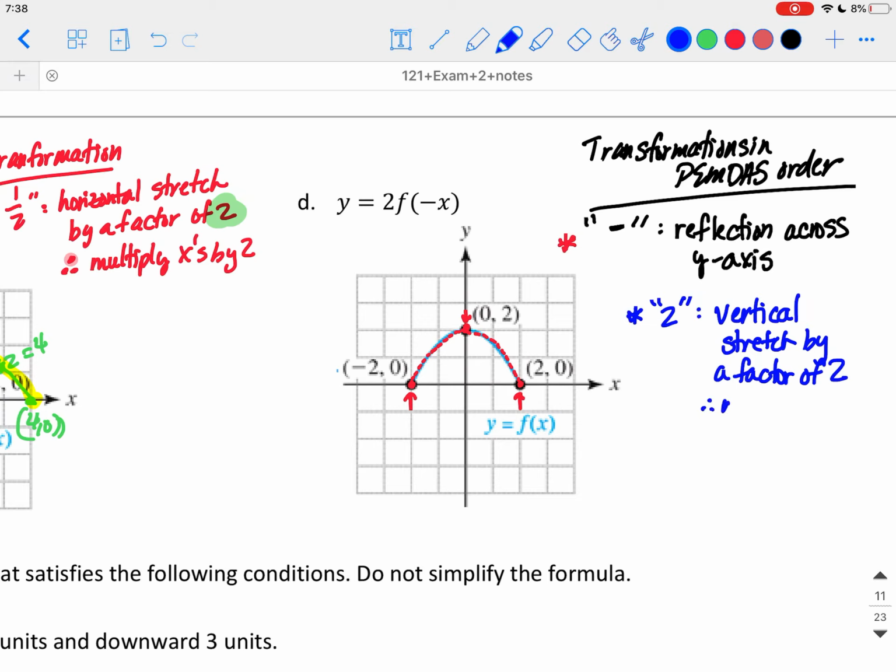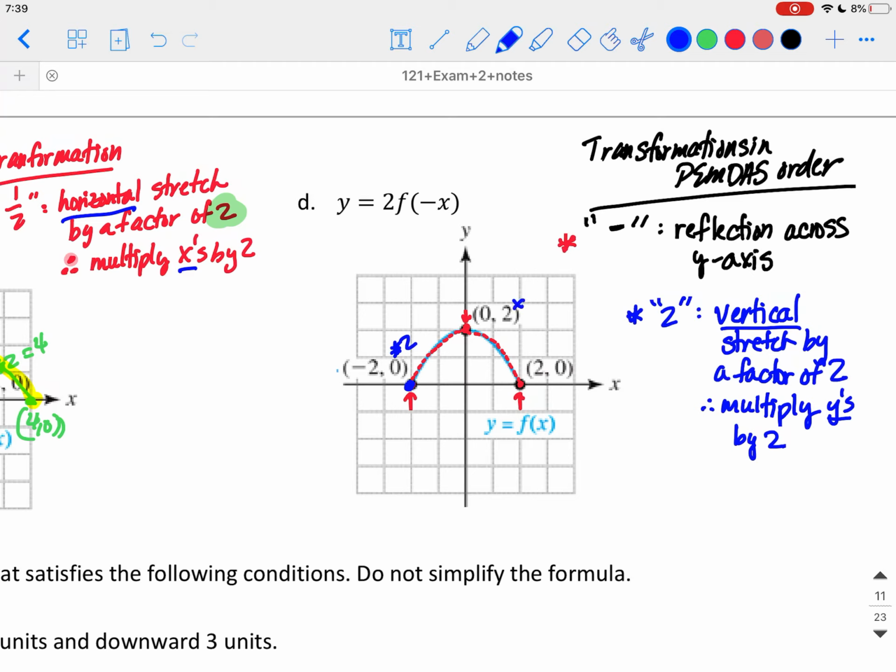So therefore, multiply. So for vertical, it's the y's. For horizontal, it's the x's. But for vertical, it's going to be multiply the y's by 2. So this is going to be 0 times 2, which is still 0. So that is going to stay there.